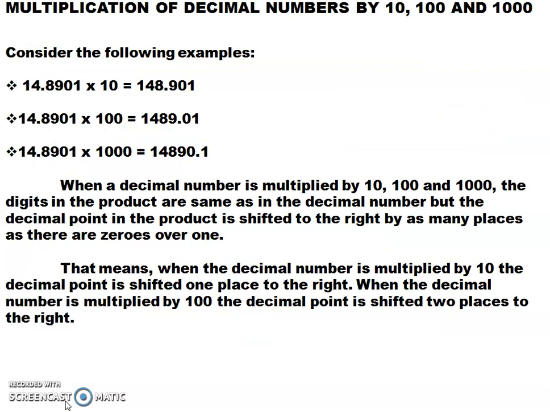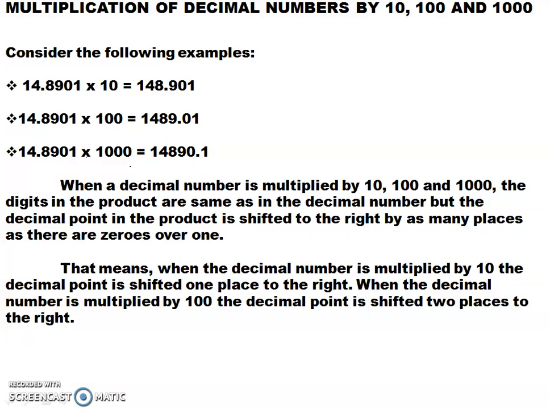Next is multiplication of decimal numbers by 10, 100 and 1000. This depends only on the number of zeros in each of these numbers. You can see I have written the same numbers: 14.8901 into 10, 14.8901 into 100, 14.8901 into 1000.